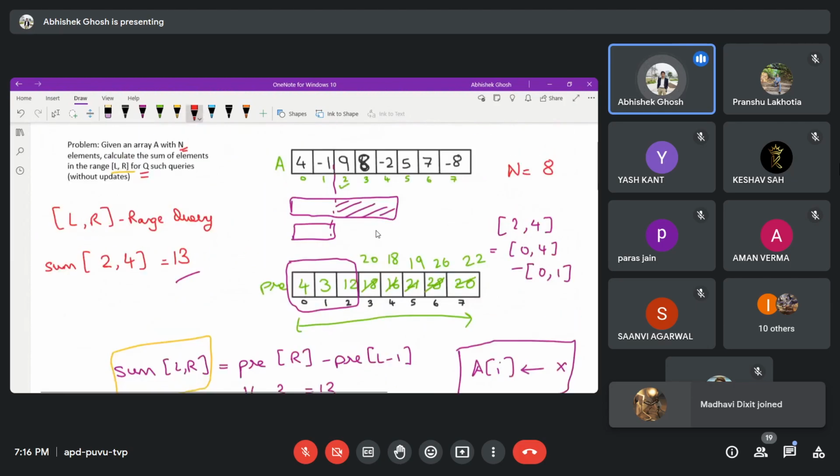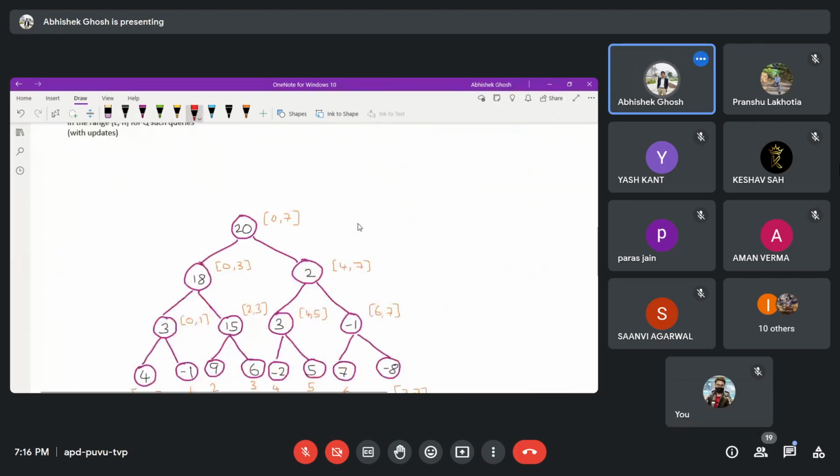In the first example, I asked you the sum for 2 to 4. In the standard approach, it was a of 2 plus a of 3 plus a of 4. In the prefix sum approach, it was pre of 4 subtracted by pre of 2 minus 1, which is pre of 1. This was constant time, the other was linear time.